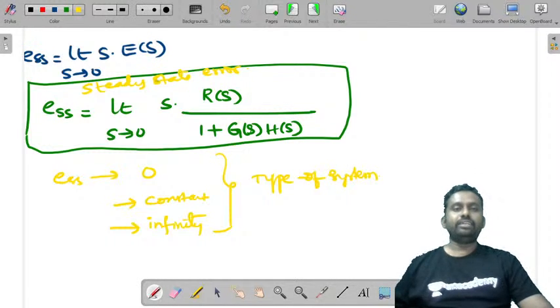So first I'll write G of s into H of s for different types of systems. Then we will find steady state error for different inputs and different types of systems.